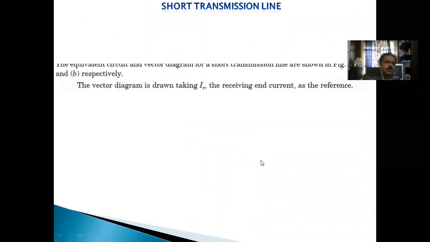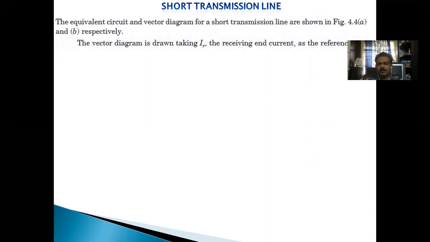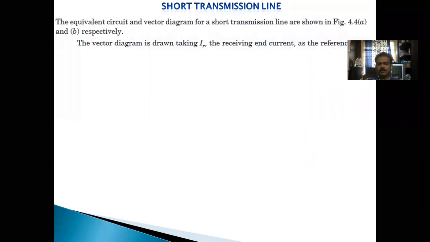Now coming to the short transmission line. Our aim is to evaluate the performance of the transmission line, meaning how a short transmission line can be represented, as the first step. Second, we have to find out the efficiency and also the regulation of a short transmission line.